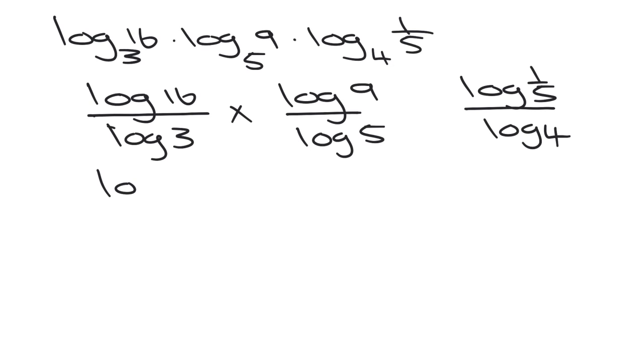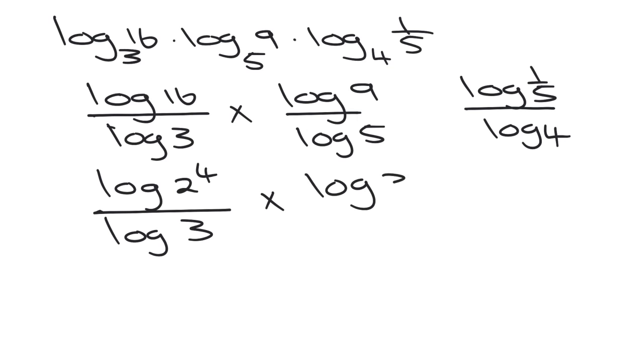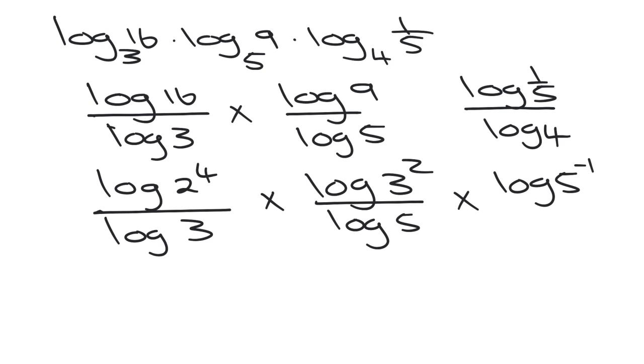Alright, so now log of 16 simply gives us log of 2 to the power of 4 over log 3. So we're taking it to the smallest number there. Multiplied by log of 9, which will be 3 to the power of 2 over log 5, and that would be multiplied by log of 5 to the power of negative 1. Log of a fifth will give you 5 to the power of negative 1 over log of 2 to the power of 2, the 4 that is.